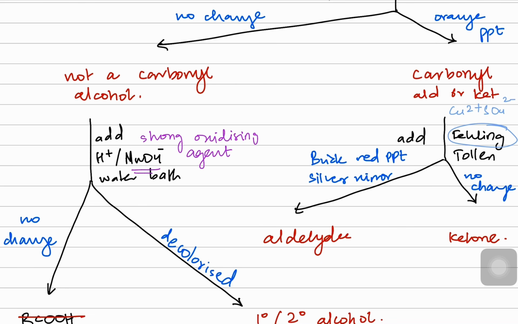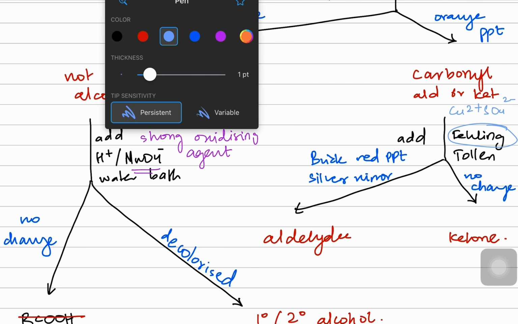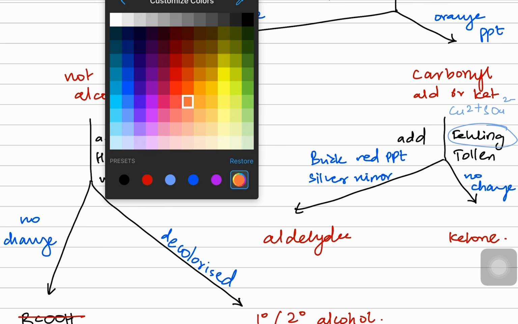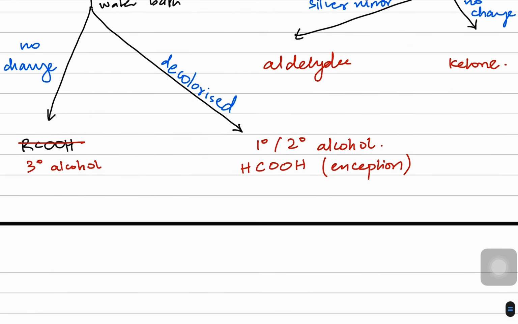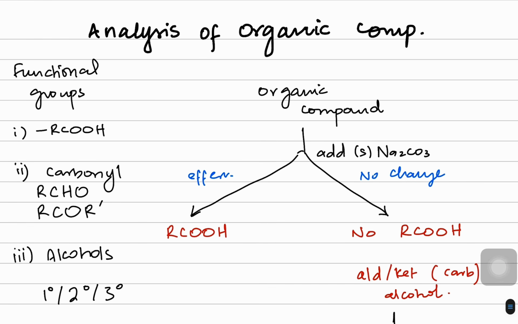So Fehling solution contains copper ions. You should also know what Tollens solution is. Tollens solution is basically ammoniacal silver nitrate. So this is the scheme that you can follow for organic analysis.